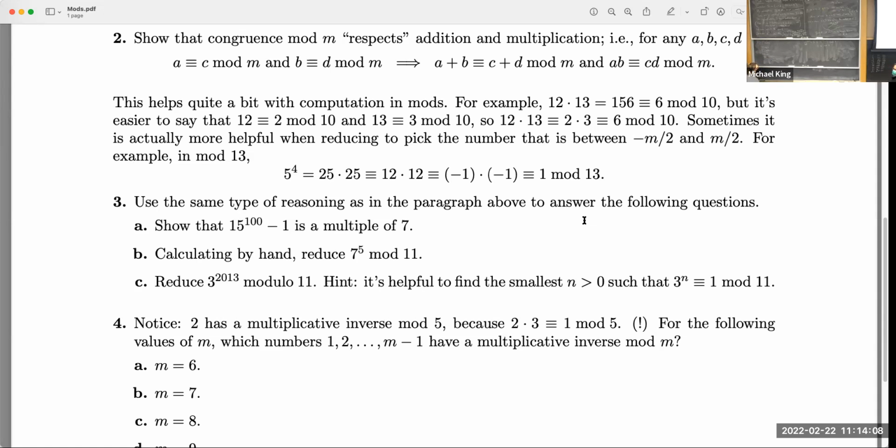Does that make sense? So when we're doing mods, are we looking for one number? How would we write this out? How would you write out 7 to the 5th mod 11 if the answer is just 10? Yeah, you just say 7 to the 5th is congruent to 10 mod 11.